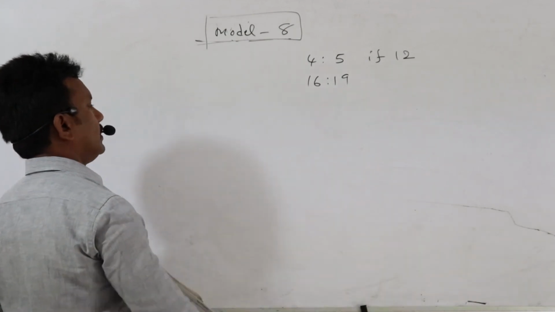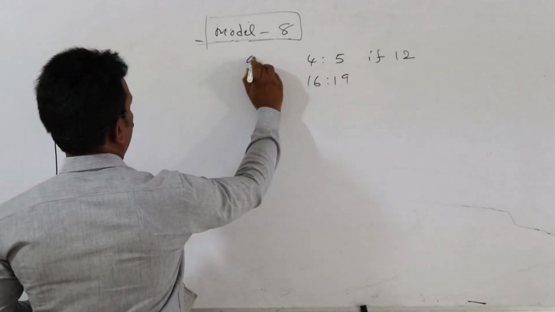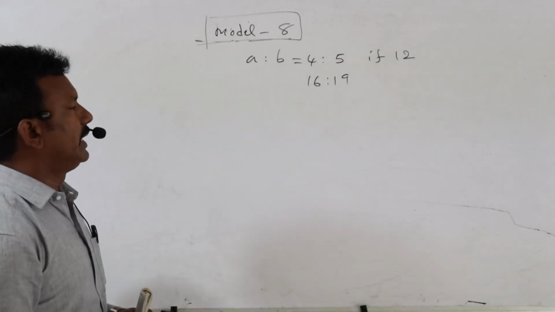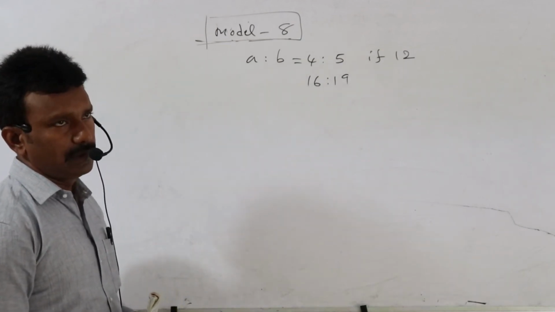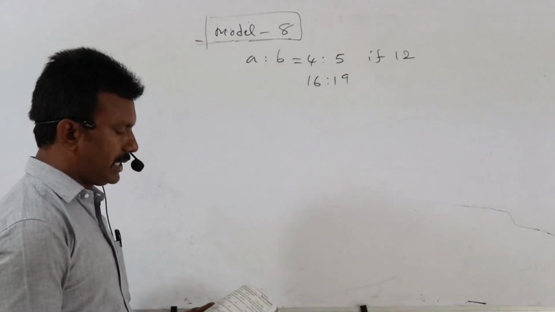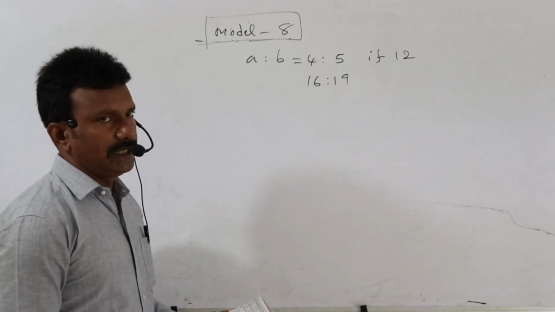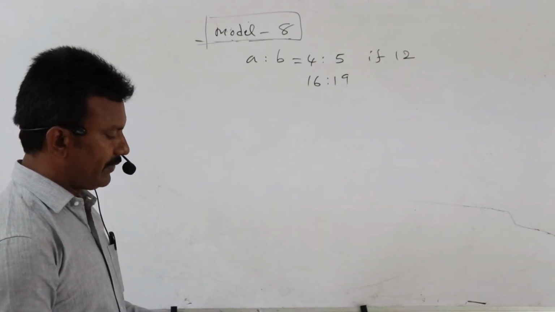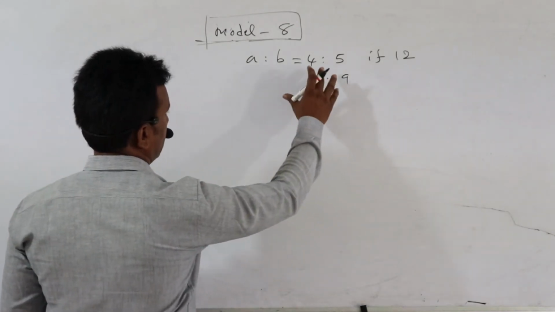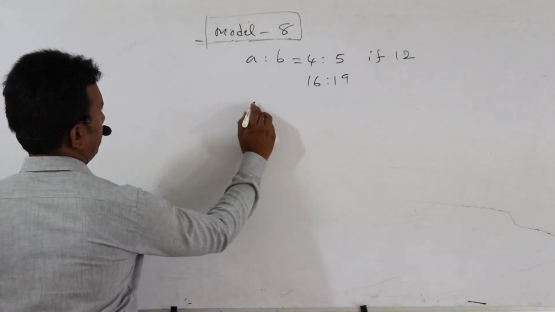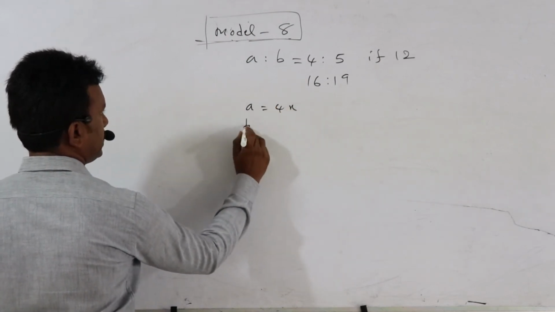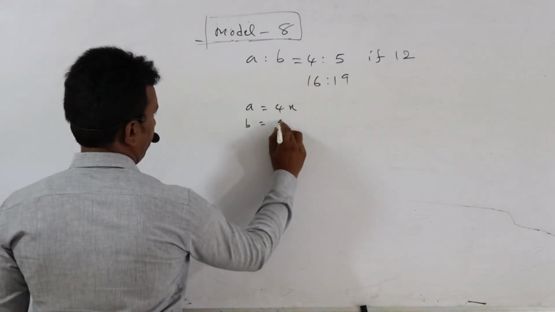Right? So here, first we write the numbers. A is to B, given as 4:5, and 12 is added to each number. The ratio will become 16:19. Then what is the difference of the numbers? Here we are following a shortcut method. Suppose our numbers are A equal to 4x and B equal to 5x.